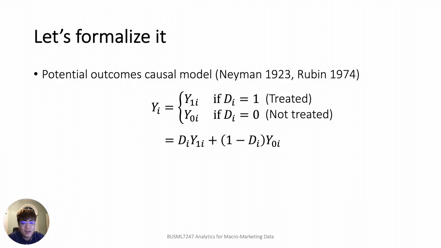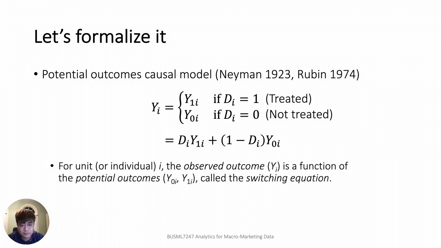And if D_i equals 0, the first term becomes 0, and the second term becomes Y_0i because 1 minus D_i is 1. This equation is called the switching equation, which picks one of two potential outcomes as the observed outcome in accordance with the treatment assignment, D_i.